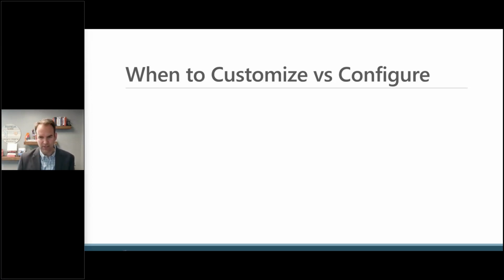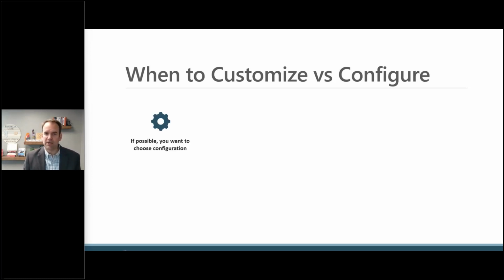That view doesn't come out of the box, but I can personalize my system to add that without creating any custom code. Whereas a customization is generally where we're going to build you a brand new grid that doesn't exist within the solution, where you have to pull the data together from multiple different tables to make that work. That would be a customization.